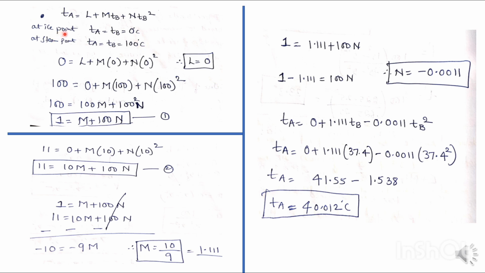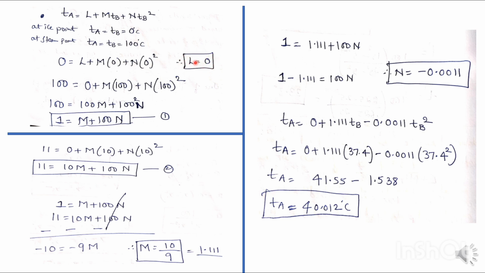Let me write the ice point values: 0 = L + M·0 + N·0². Because at the ice point both thermometers agree, the temperature on thermometer B is also 0. So M·0 + N·0² is 0 only. Therefore L = 0.